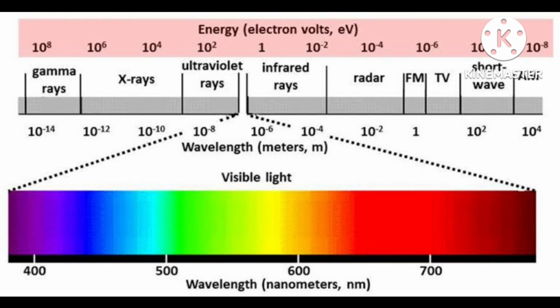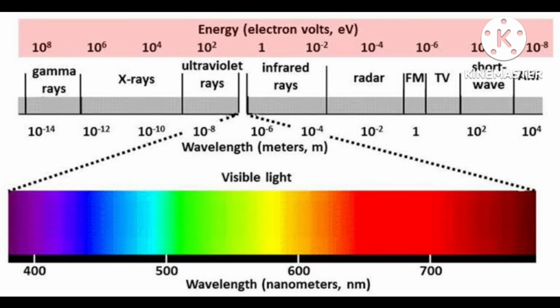Different regions of the spectrum are identified by different names. Some examples are: first example, the radio frequency region, around 10 to the power 6 Hertz, used for broadcasting. Hertz is the frequency per second.